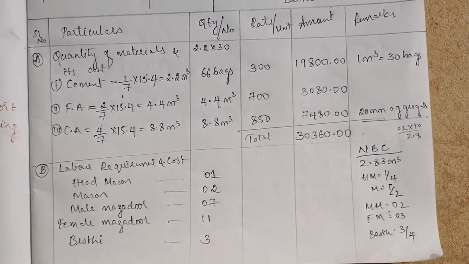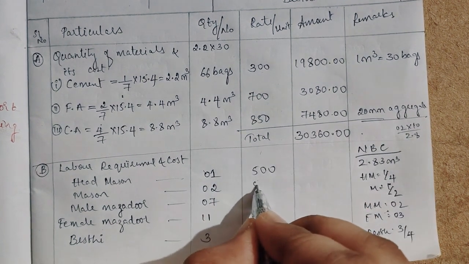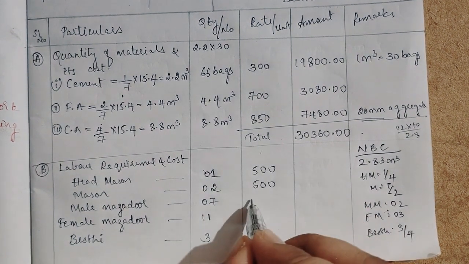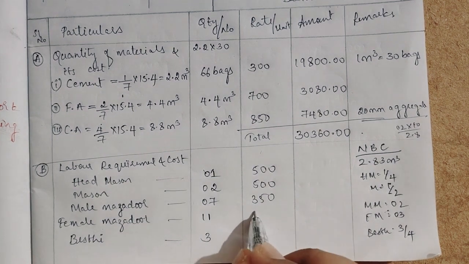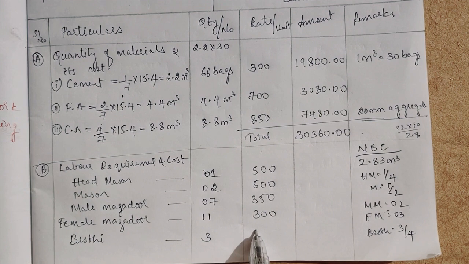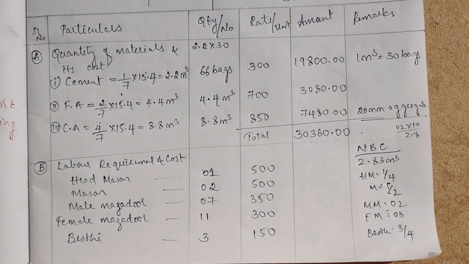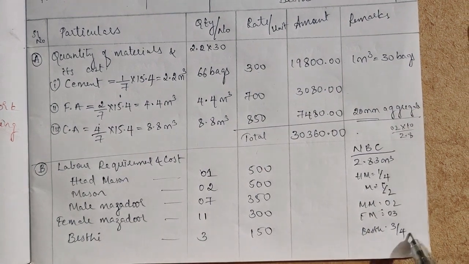Now what are the rates? For head mason 500, for mason also 500, male mazdoor 350, female mazdoor 300. Basti is 150. Because they have given ratio, I am taking like this.